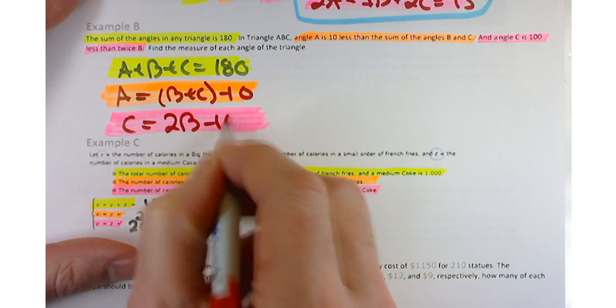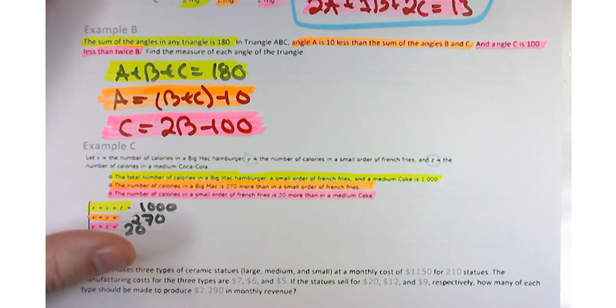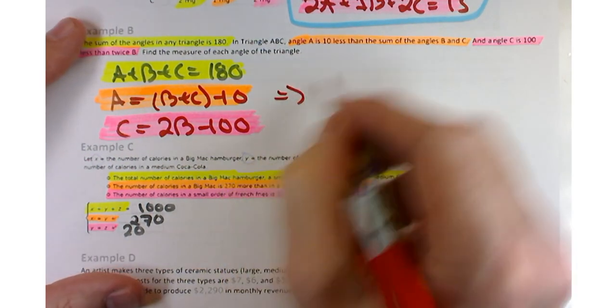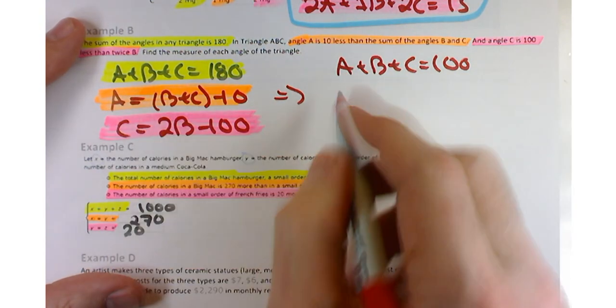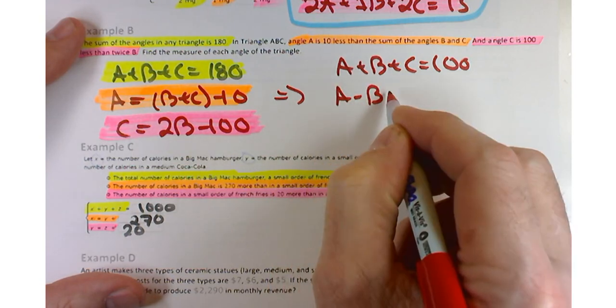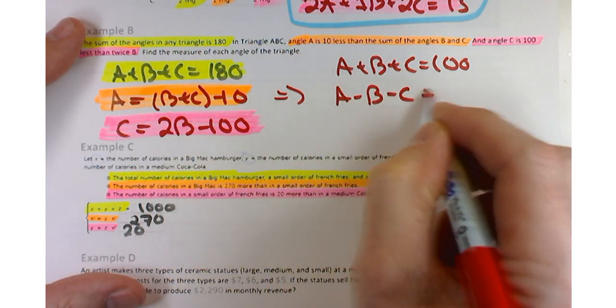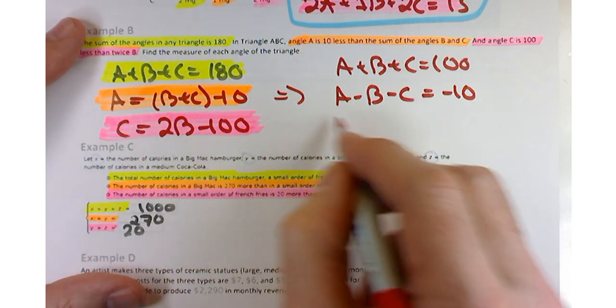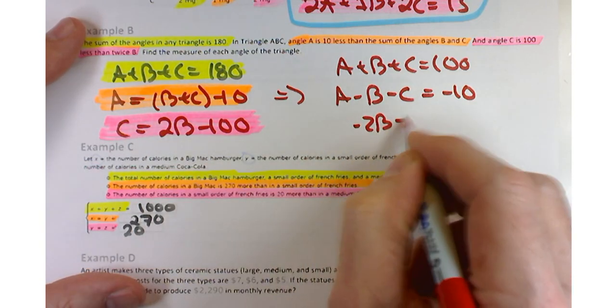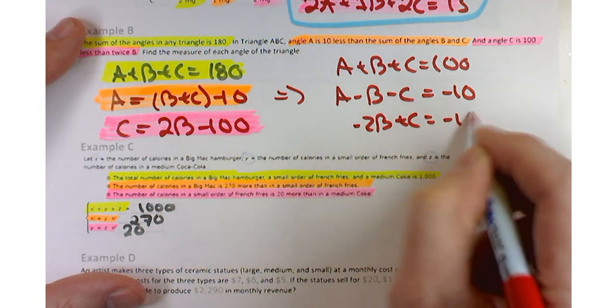When it comes time to solve these, you might want to rewrite it as A plus B plus C equals 100. Then I'll move this to the other side and I'll have A minus B minus C equals negative 10. And moving that to the other side, I'll have negative 2B plus C equals negative 100.